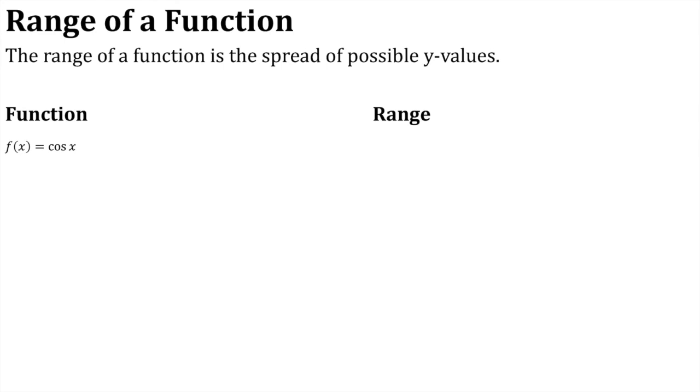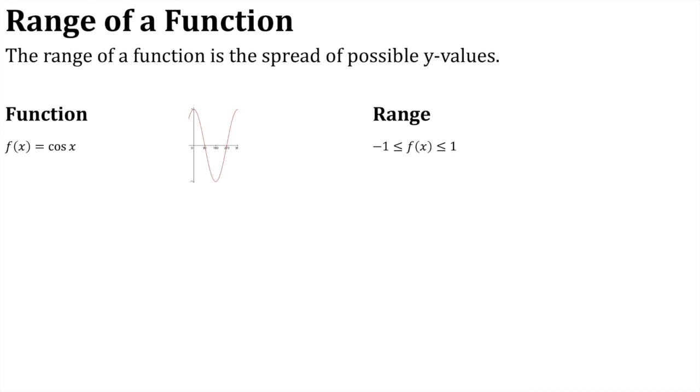So the first one we'll look at is f of x equals cos x. So the range of y values here is its f of x lies between -1 and 1. So that's the final answer, but we'll just justify why that's the case.